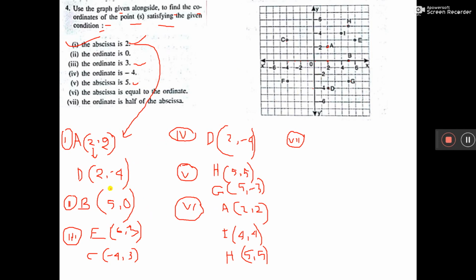Here you see, abscissa is half of ordinate. So this point, half of 4, that is 2. The ordinate is half of the abscissa. Point E: abscissa 6, ordinate 3. So the ordinate is half of the abscissa. Any other? No, only point E.